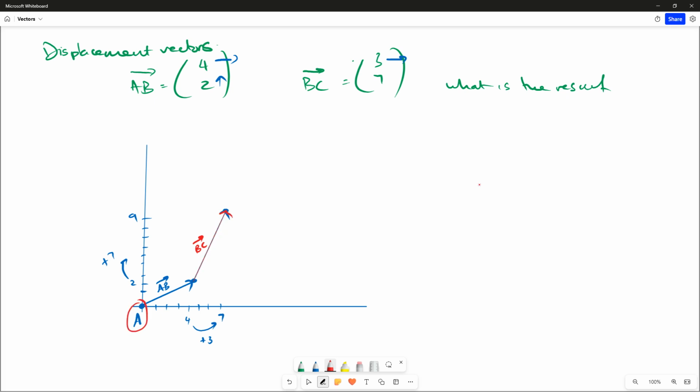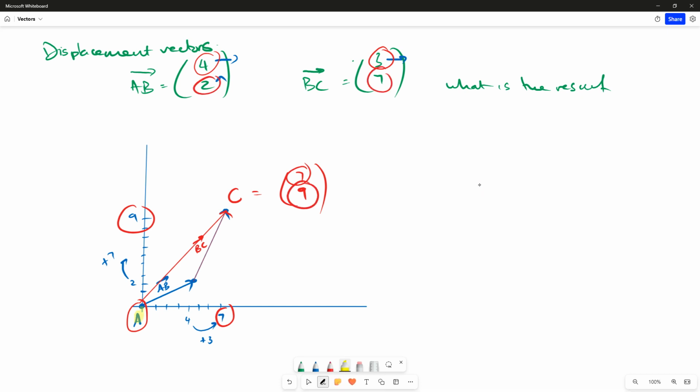What has happened to my point A? It ends up with a resultant vector at C. And the resultant vector at C has the x coordinate of 7 and the y coordinate of 9. Basically, we take 4 plus 3, which is 7, and 2 plus 7, which is 9.